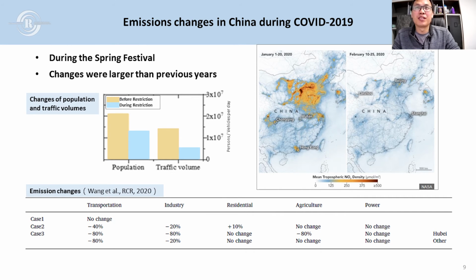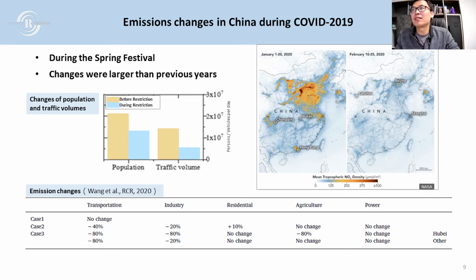larger than previous years. So here's the example we have of the changes of population and traffic volumes in Shanghai. We can see that compared to previous years, the amount of vehicles and human population has changed a lot.